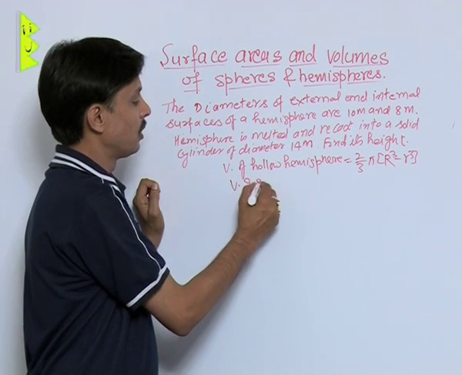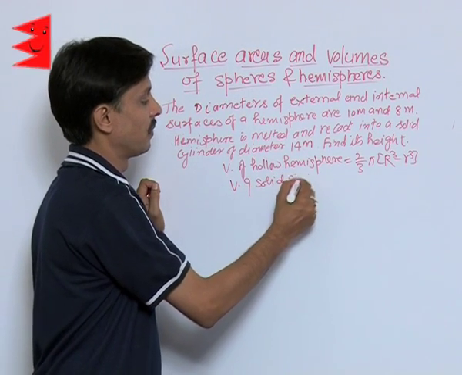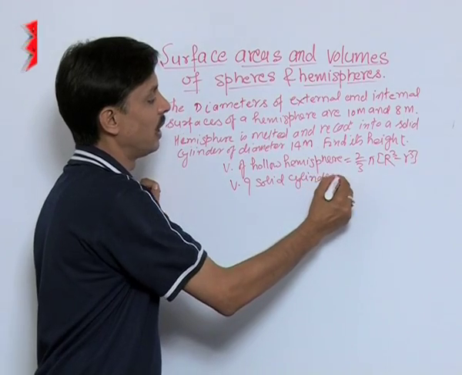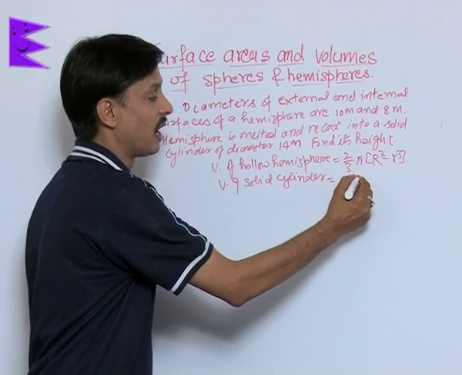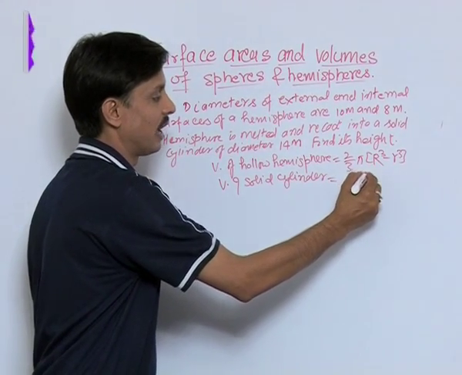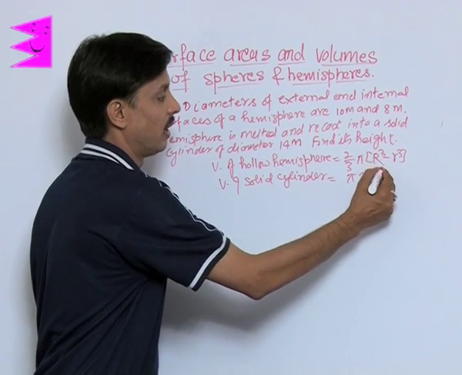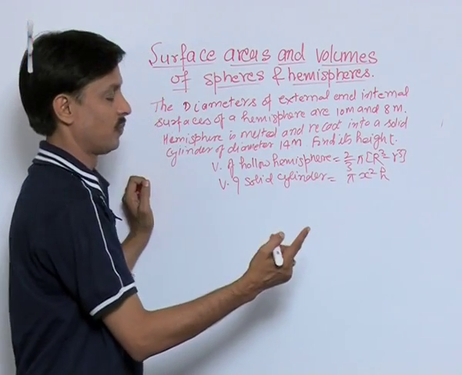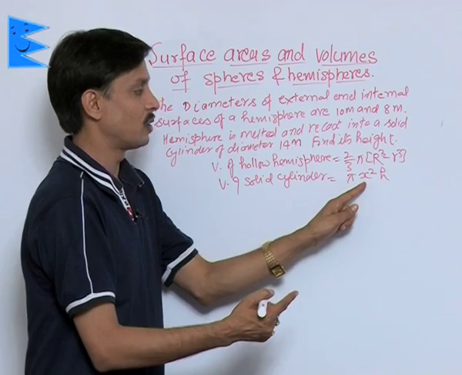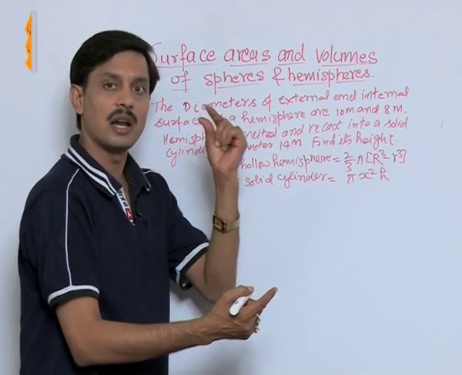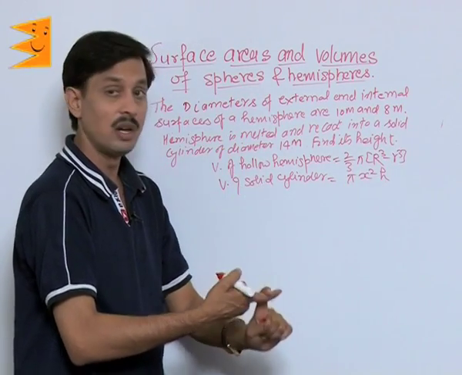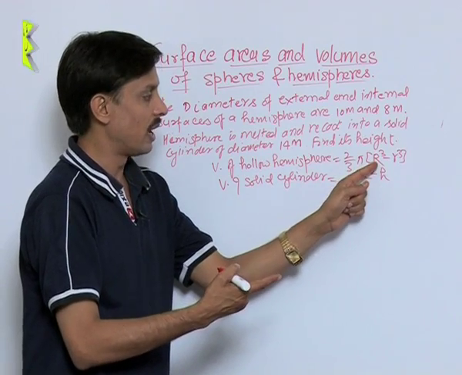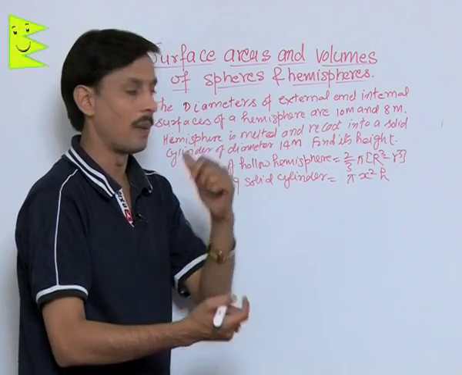Volume of solid cylinder is given by pi. You can say radius is x, then x square, and if height is h, then h. Why am I taking radius x? Because capital R and small r are used for the radius as external and internal of the hemisphere.